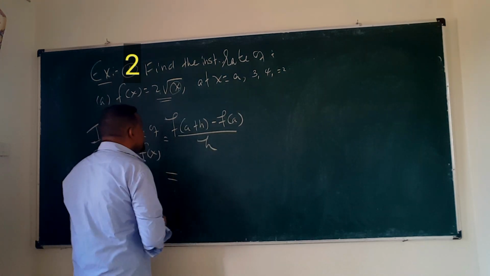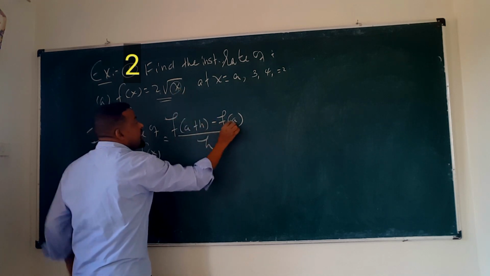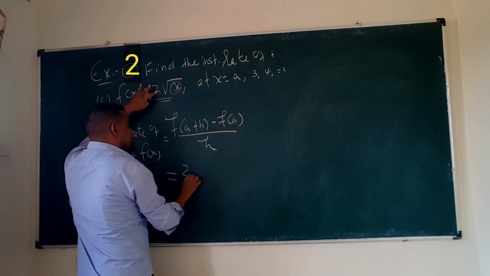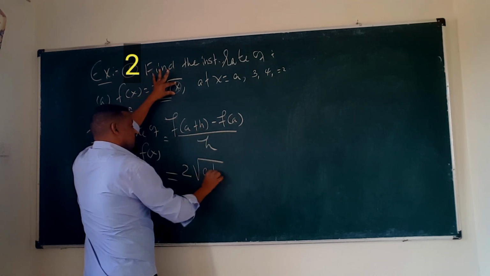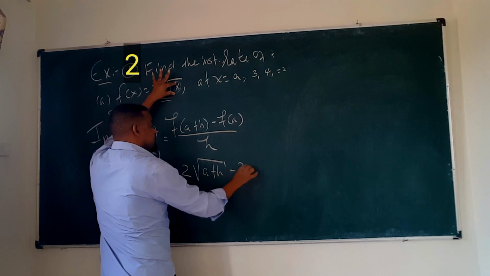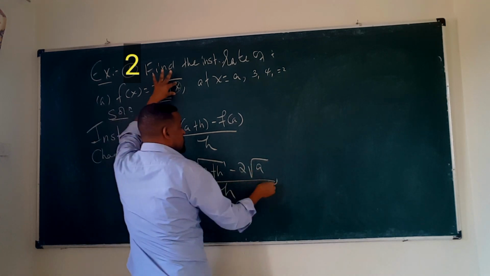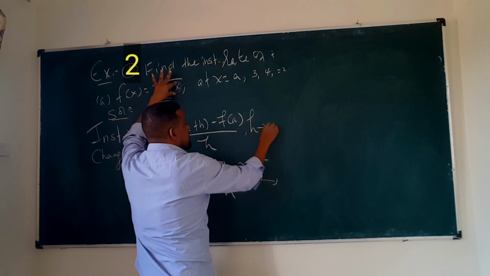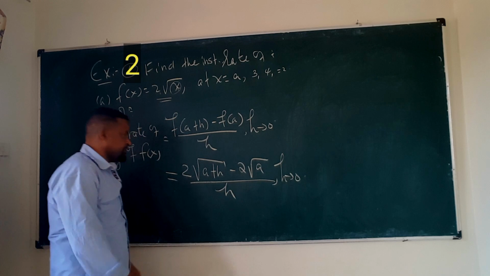So now we substitute a plus h and a in place of x. So 2 times radical of a plus h minus 2 times radical of a, over h. Of course, this h is approaching zero.